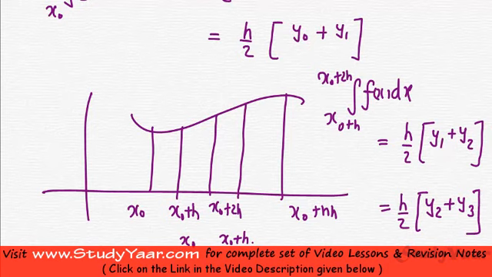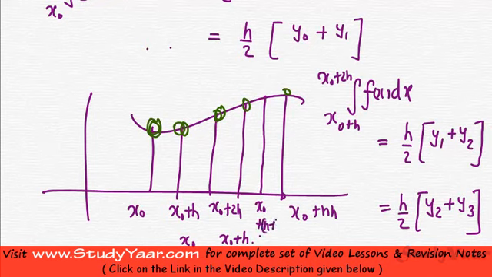So your integration from x0 to x0 plus nh is basically composed of integration from this to this plus this to this plus this to this and so on. What is the last subinterval? The last subinterval is this, which is x0 plus (n minus 1)h to x0 plus nh.